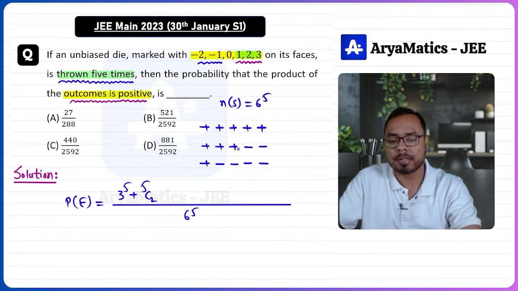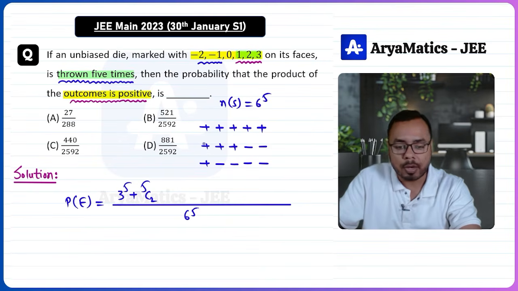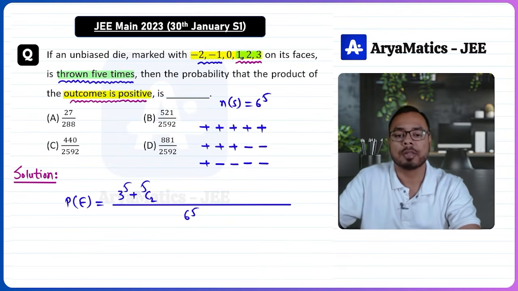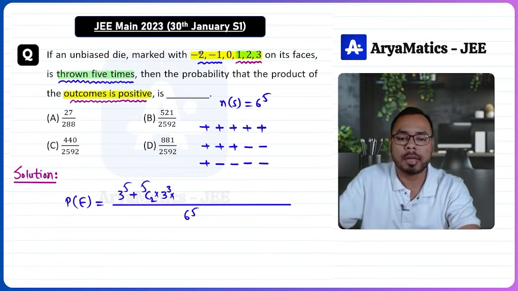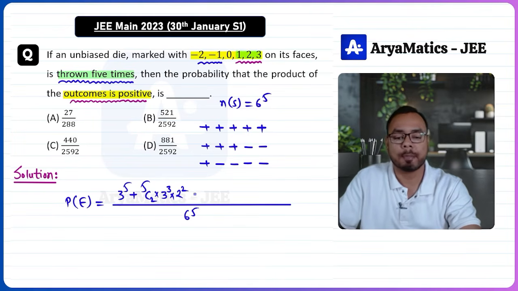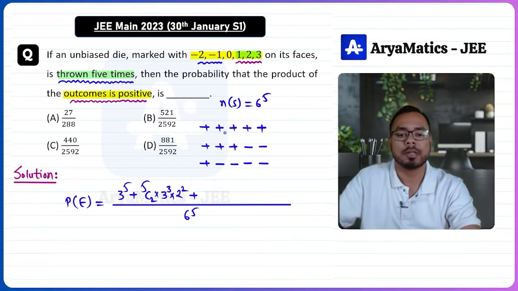For example, let us say the first 3 are positive, next 2 are negative. In how many ways can we do this? First one positive, 3 options, next one positive, another 3 options, next one positive, another 3 options, and two outcomes negative. So the fourth one negative, two options, and the fifth one negative, another two options. So these are the number of cases in this second case, right?